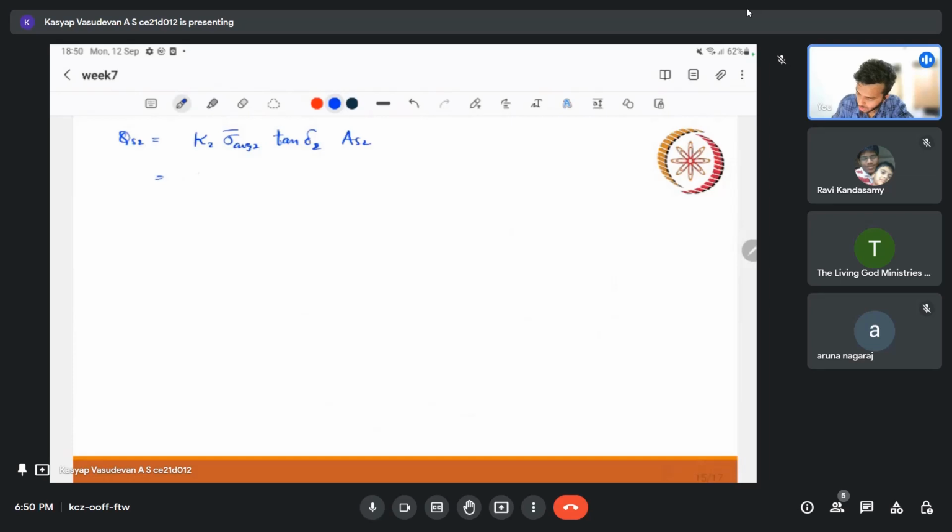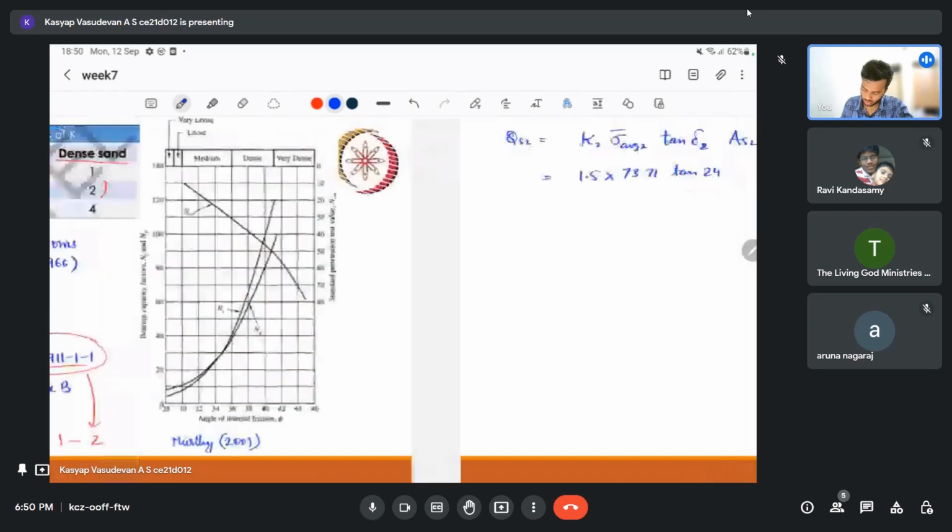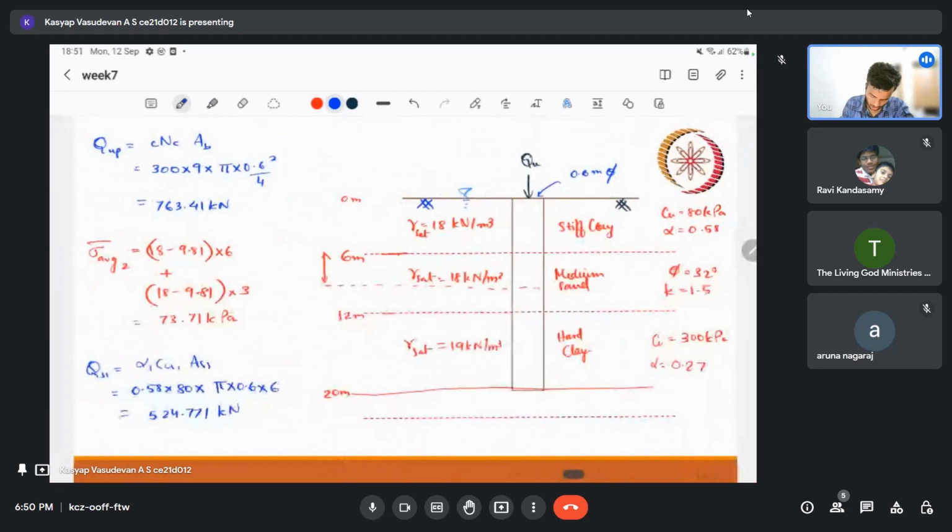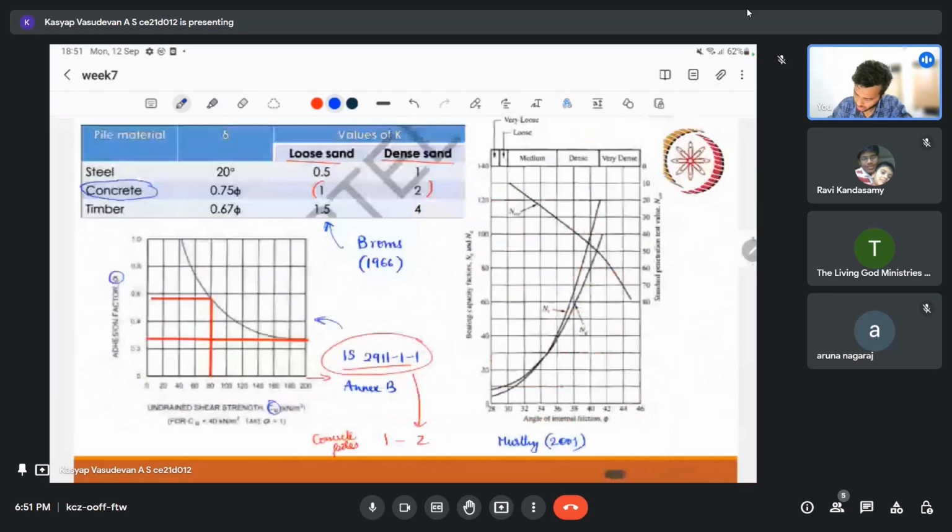So K we have 1.5, this thing we have 73.71 and tan 24, right? Okay, that I didn't mention. Here we need delta also. Delta is equal to 0.75 into 32, that is 24.